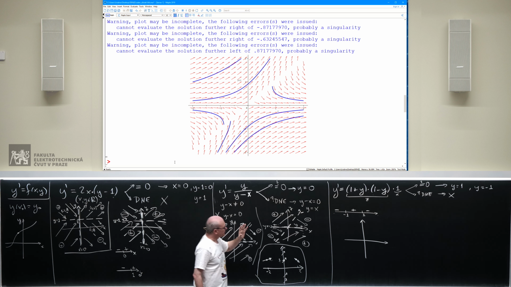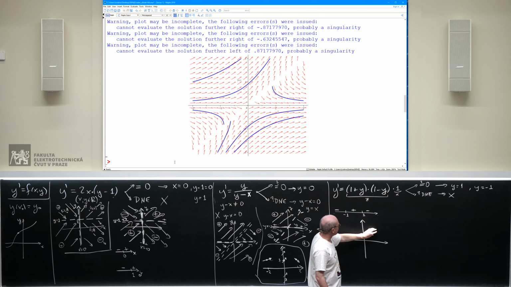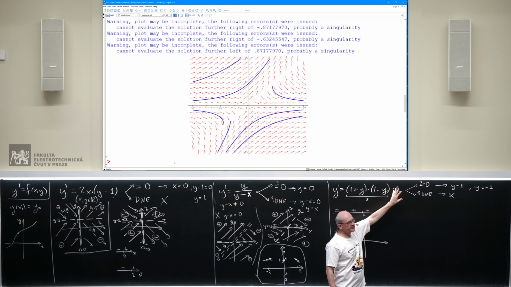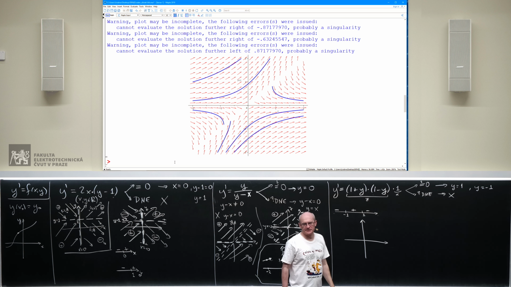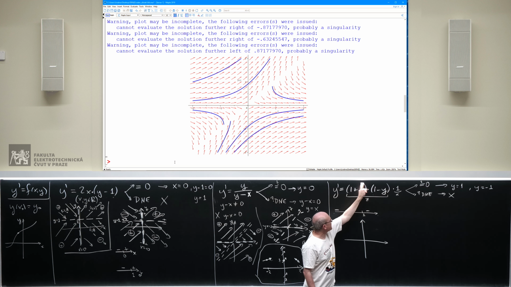When we are in the plane and asking about the sign, there are two influences. One is coming from the y term, the other one is coming from the x term. Now, the y term depends only on the y coordinate, which is the vertical height or elevation of my point. So all the points on the same elevation, they get the same information from the y factor.